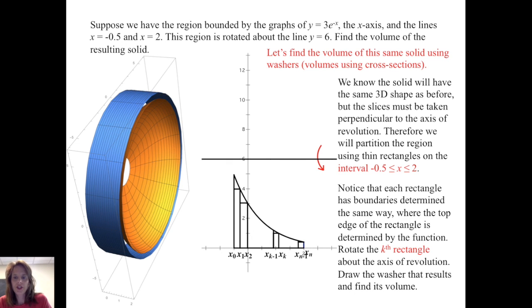So when we partition that region, we notice that each rectangle has boundaries that are determined the same way. The top edge of the rectangle is determined by the function y equals 3 times e to the negative x, and we're going to rotate the kth rectangle about the axis of revolution, and we want to draw the washer that results and find its volume.